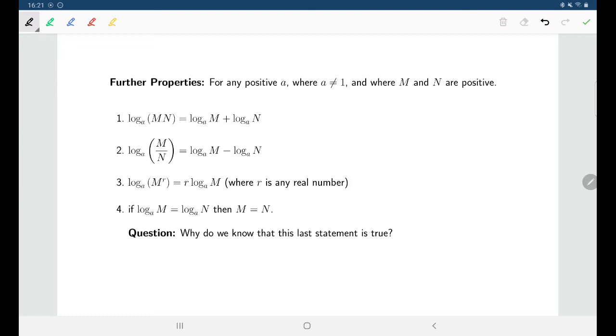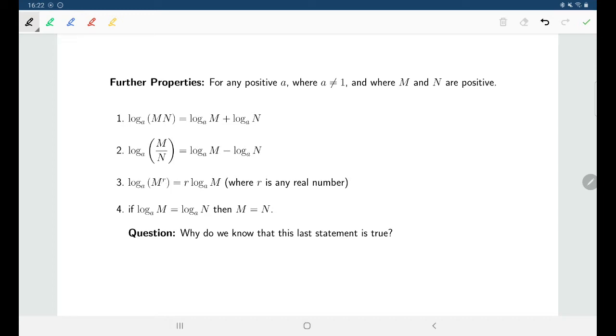The next one that we have is this. This is sort of equivalent to what we said about an exponential expression raised to a power, where we multiplied the exponents together. Here we have a logarithm multiplied by a number, and that number turns out to be raised as a power inside of the log.